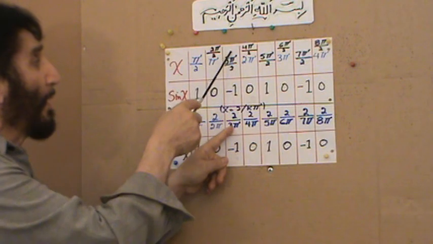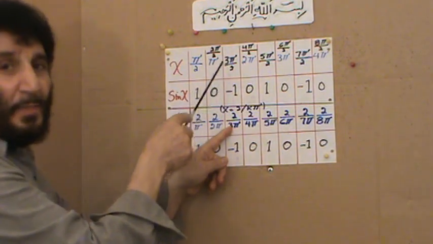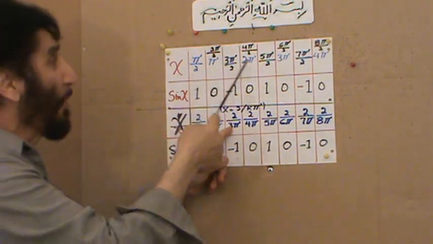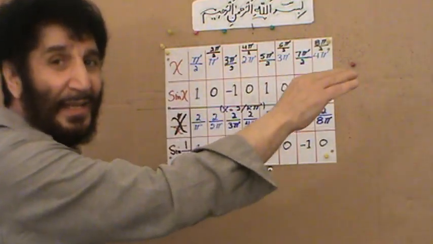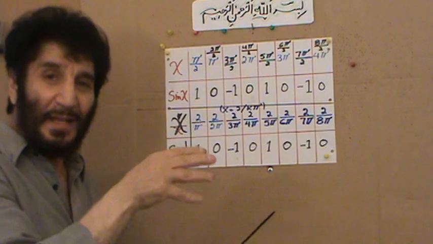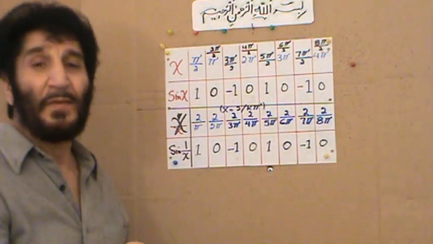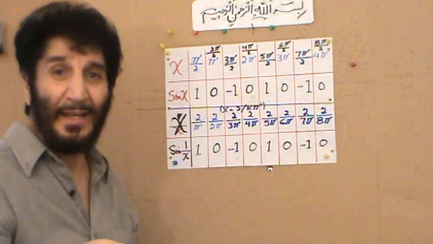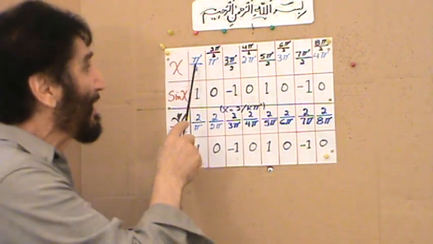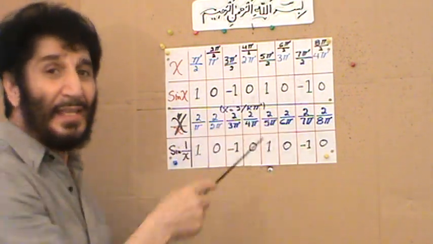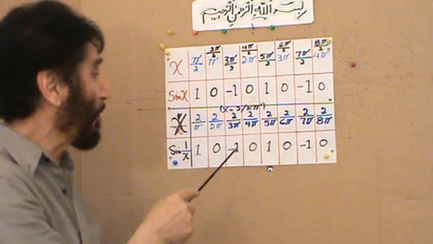So 1 over 3 pi over 2 is the same as 2 over 3 pi. So when I gave these values for x, x was increasing, and therefore the inverse of that will be decreasing. So if x approaches infinity, 1 over x approaches 0. Is that right?